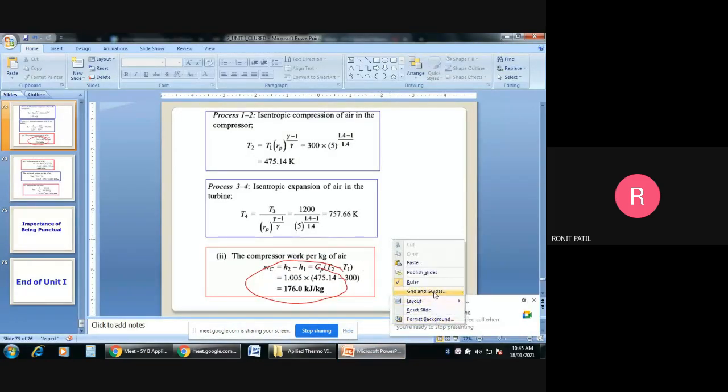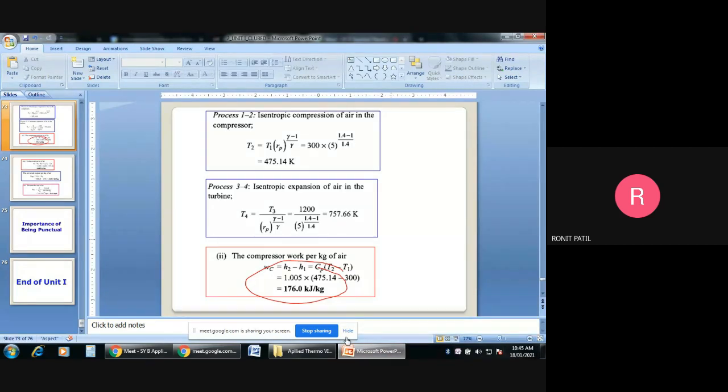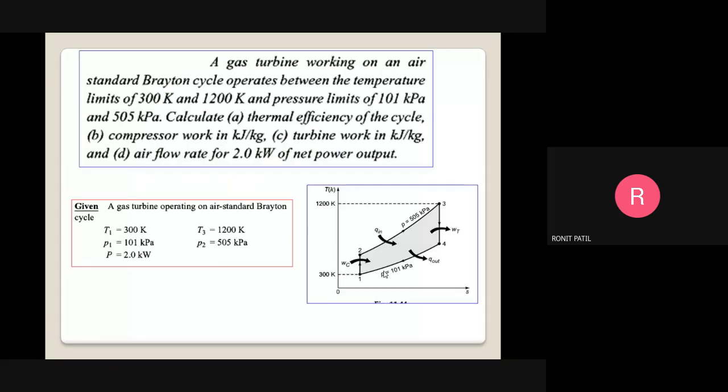Next we'll go to the turbine work. Now during which process are we getting the turbine work? Process 3 to 4. Okay, so 3 to 4 is the turbine work, WT.